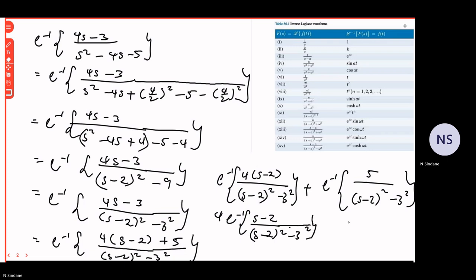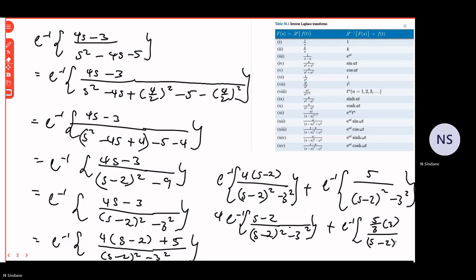While this other one I can deal with: plus the Laplace inverse of 5 over, I need to make sure that this and this are the same. My numerator must also be 3. So for me to do that, I'll say the Laplace inverse of 5 over 3 into 3 divided by s minus 2 squared minus 3 squared.